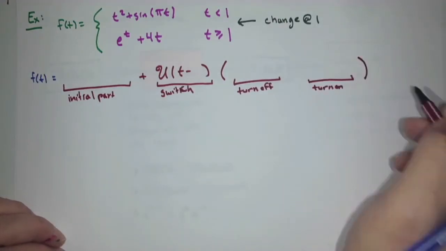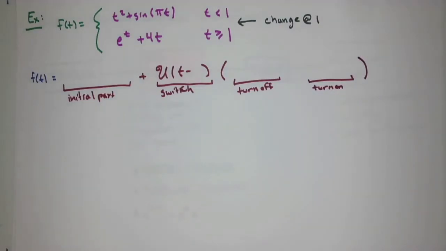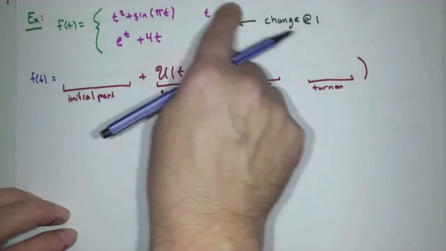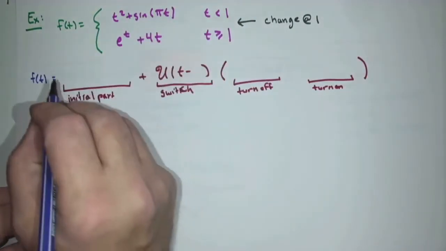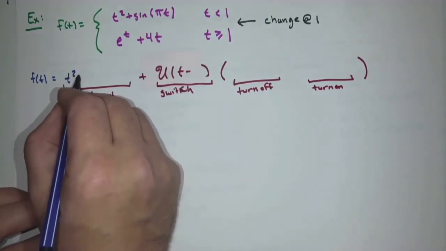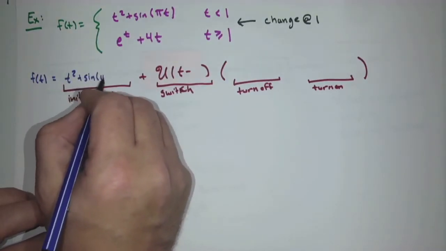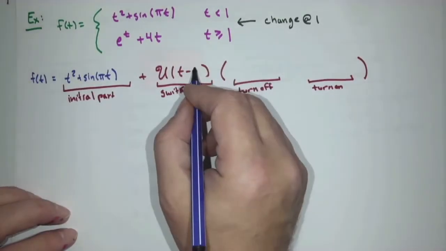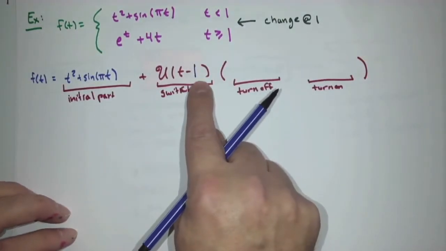This is the form. What's our initial part? It's what's happening at 0: t squared plus sine pi t. Where do we switch? We switch at 1, so that's t minus 1.